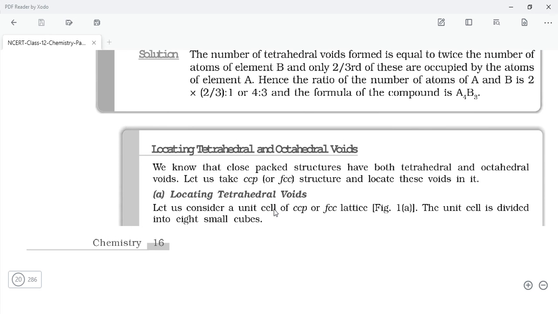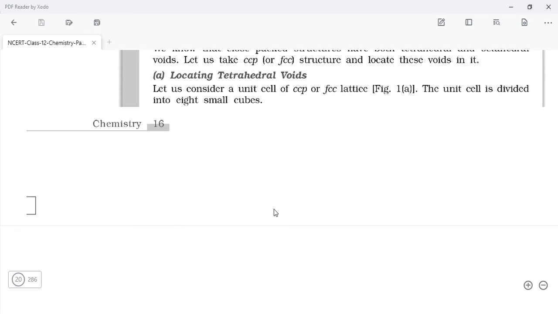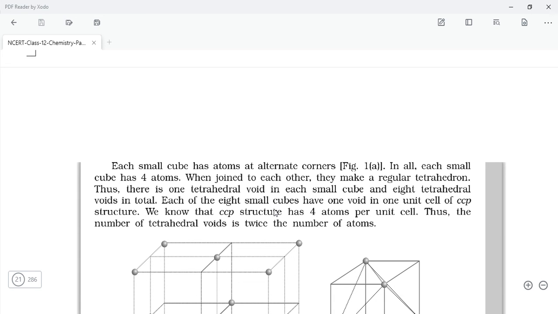We know that close packed structures have both tetrahedral and octahedral voids. Let us take the CCP or FCC structure and locate these voids in it. Locate tetrahedral voids. Let us consider a unit cell of CCP or FCC lattice. The unit cell is divided into 8 small cubes. Each small cube has 4 atoms at alternate corners.